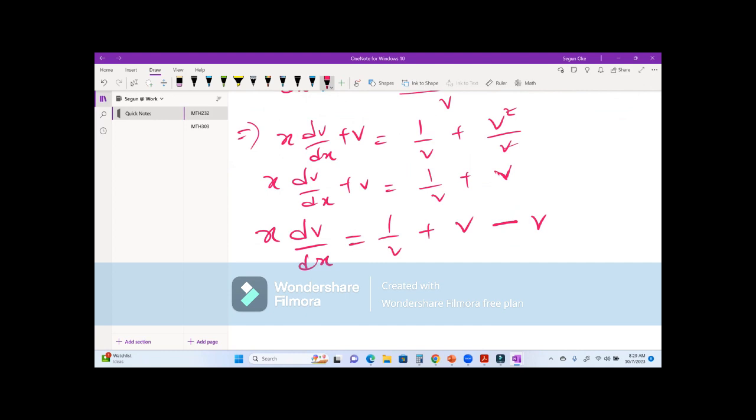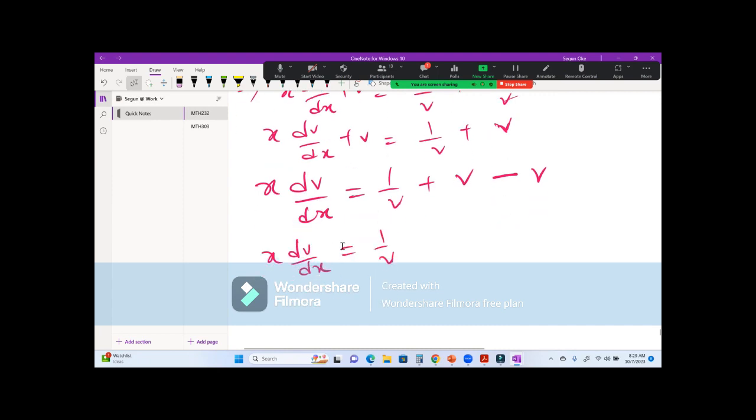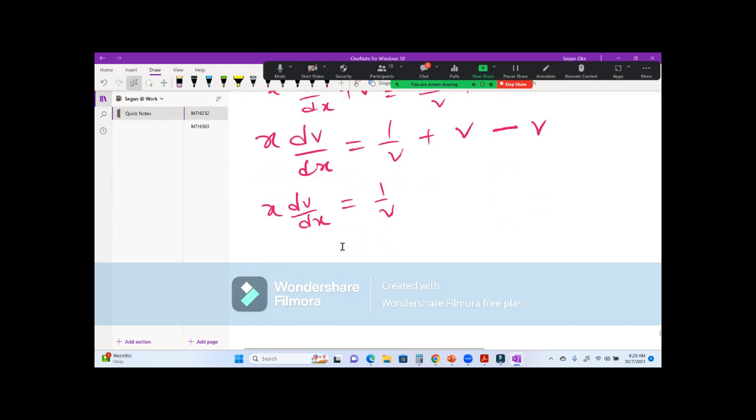It's not multiplication, because we are dealing with addition at that point. So at the end of the day, we are left with x dv/dx equals 1 all over v. I'm going to cross multiply, sir. Are you getting it? Yes. Now, we need to do something.